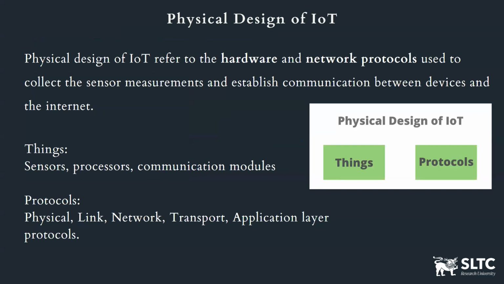When we talk about IoT, we have the physical implementation of the IoT network to be done. When we do that implementation, we can divide it into the physical components that are required, and also the network protocols that are required. The physical components include the hardware, and we need to decide what hardware components we need.